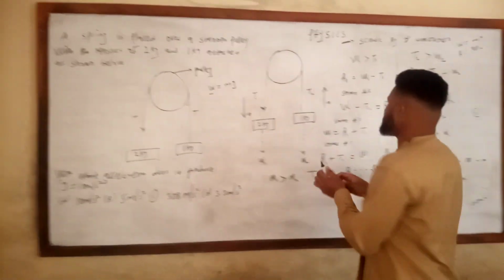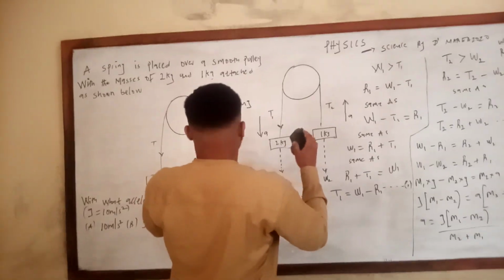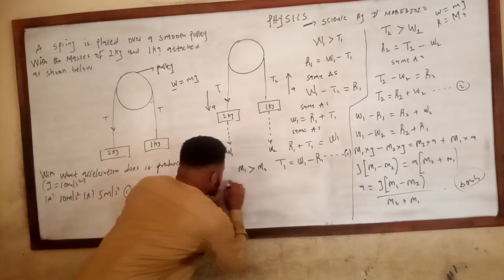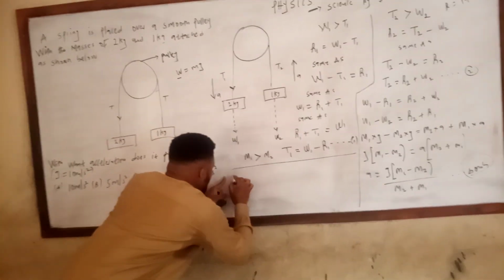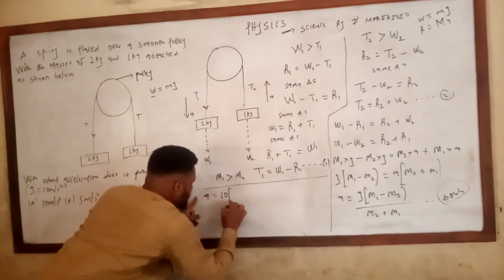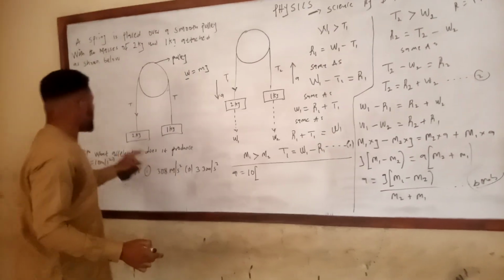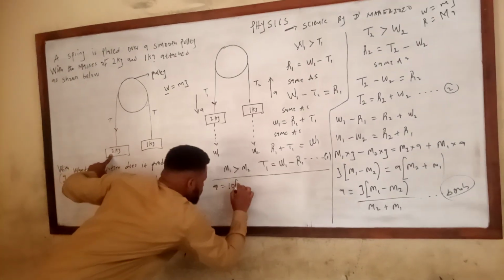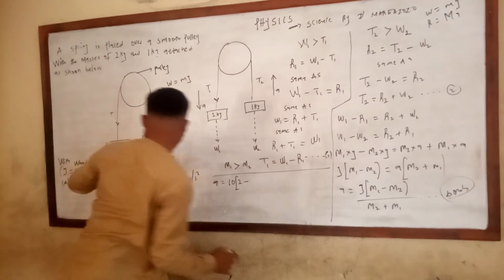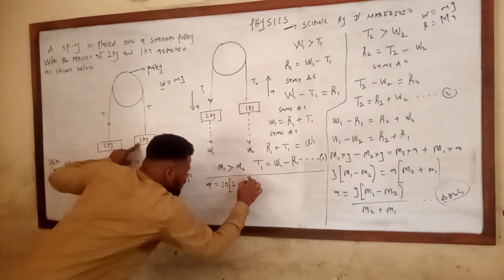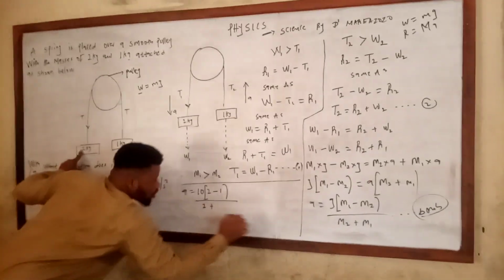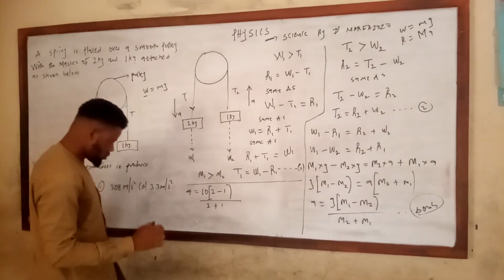Now, g is 10. M1 here is 2 kg, so we have 2 minus M2, which is 1, over 2 plus 1.